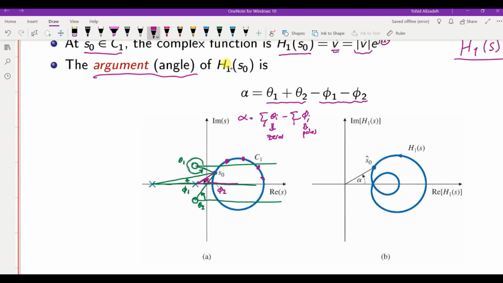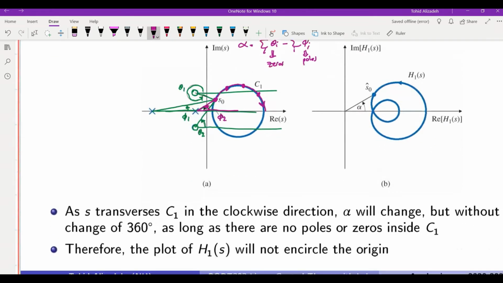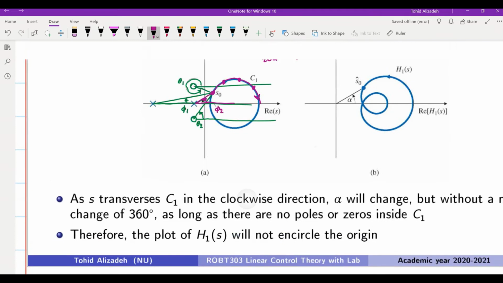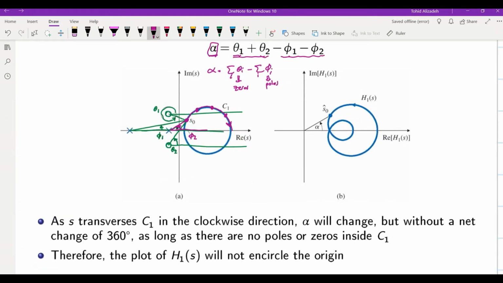As the point S0 traverses the contour in the clockwise way, the value of alpha changes. It changes because the values of theta 1, theta 2, phi 1, and phi 2 change. As those values change, the value of alpha will also change. For this example, since there are no poles and zeros inside C1, the amount of change that happens for alpha will not go beyond 360 degrees.